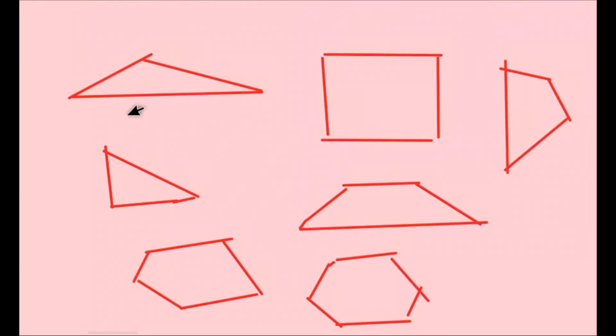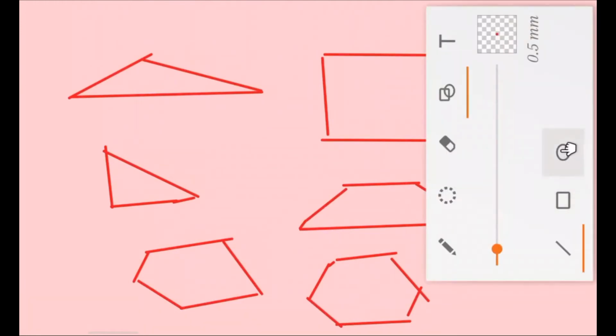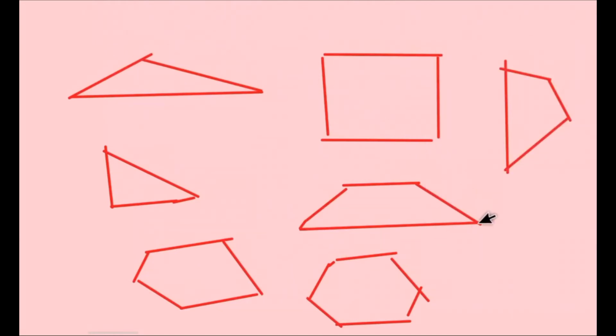For the area covered by different lines, we have to measure their perimeter, the boundary, or the area. You can find the area, and you can find the boundary, which means the perimeter.